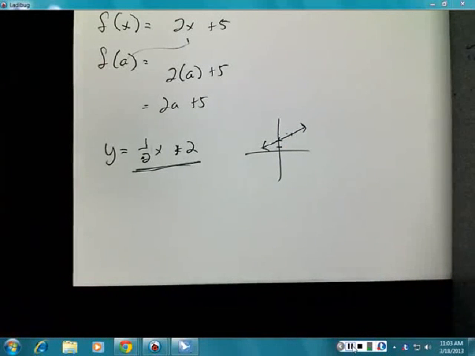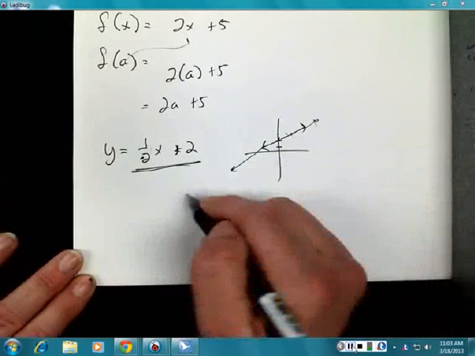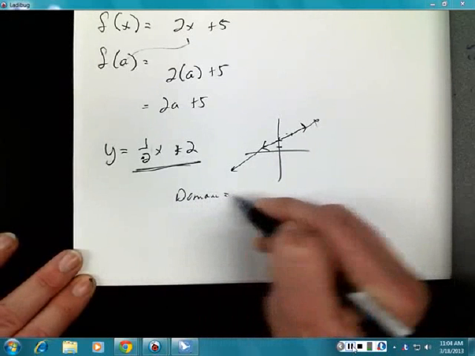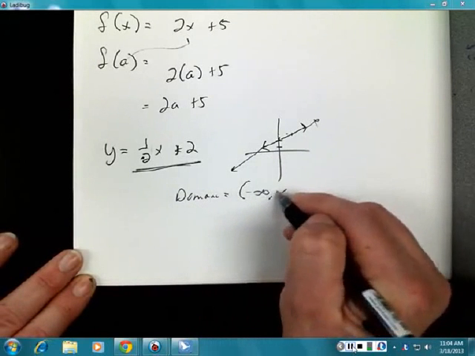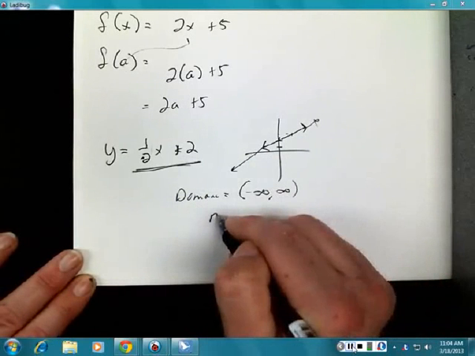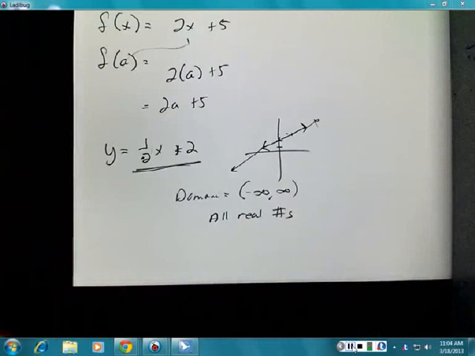What do we know about straight lines and domains? They go on forever, forever and ever and ever. And so my domain is really going to be all real numbers, or from negative infinity to positive infinity, or all real numbers.